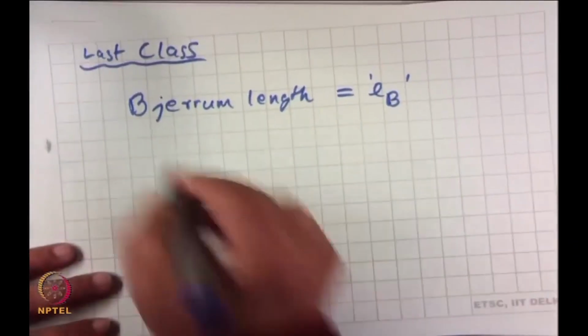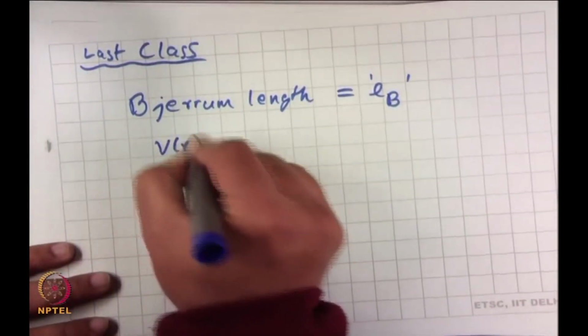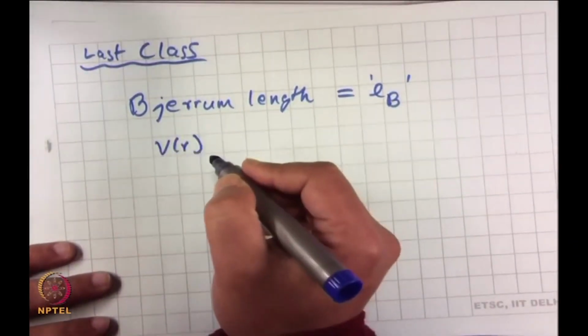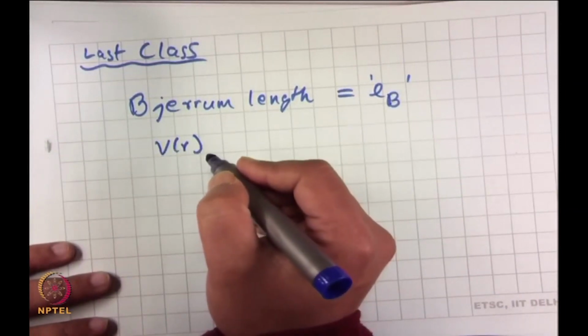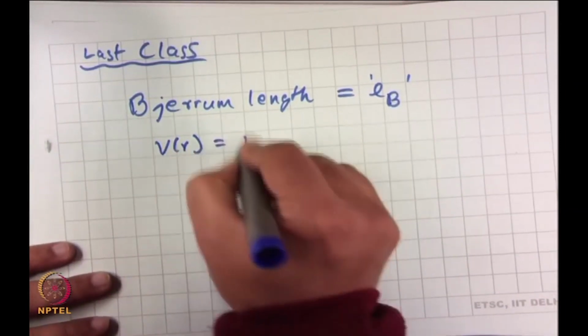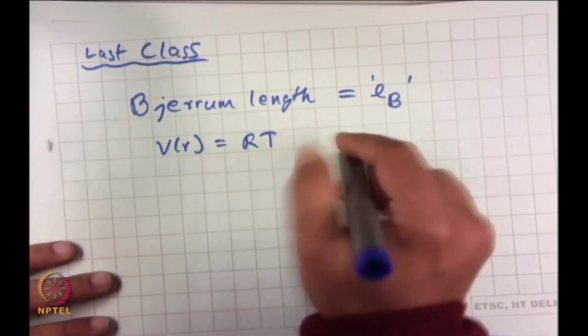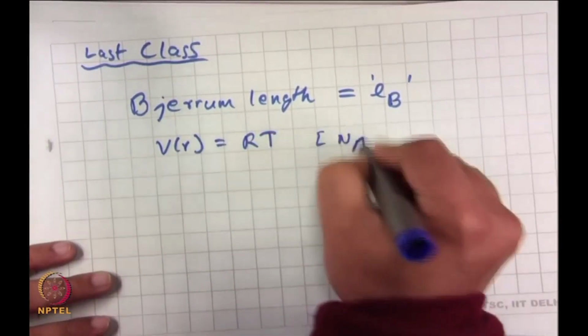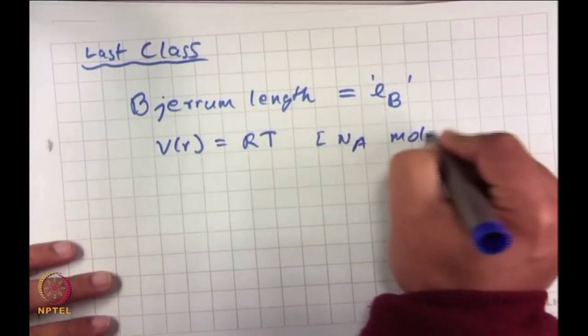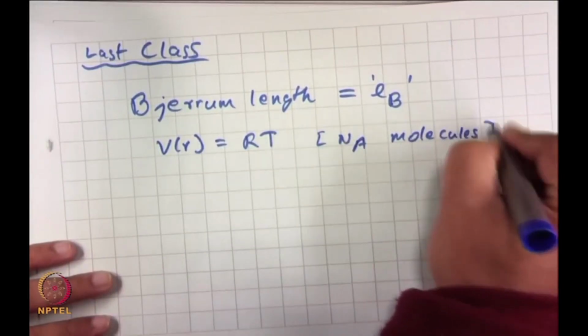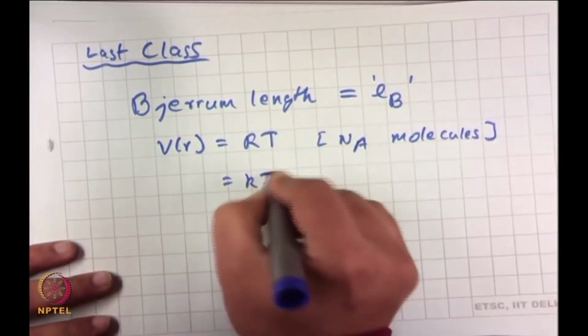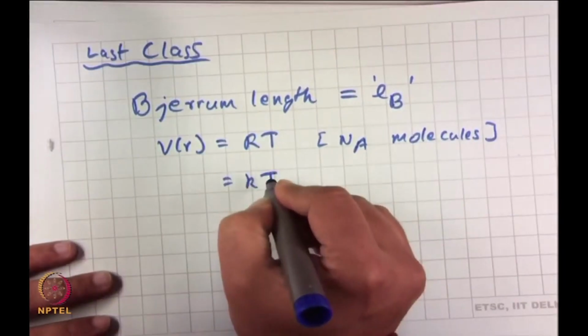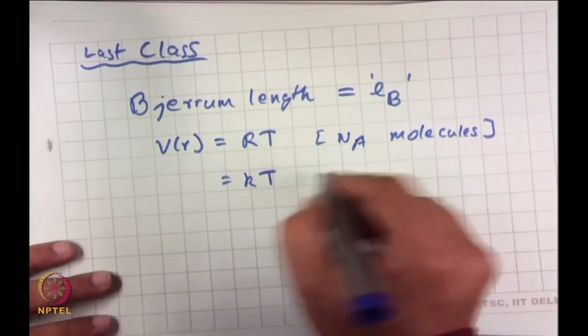The significance was, if we have a potential energy of interaction V of r, then Jerome length is defined as that length where V of r is equal to R T, if I am talking about an Avogadro number of molecules, or is equal to K T if I am talking about one molecule, right.